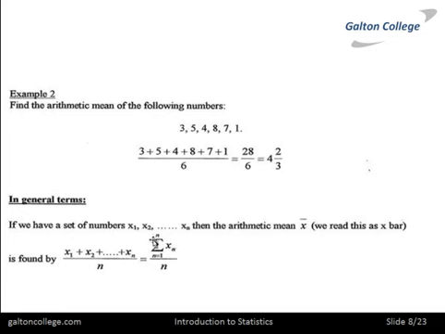We got the summation notation earlier, so it's the sum from 1 to n of xn divided by n. That's the general formula. You don't have to remember it, but that's what it looks like.